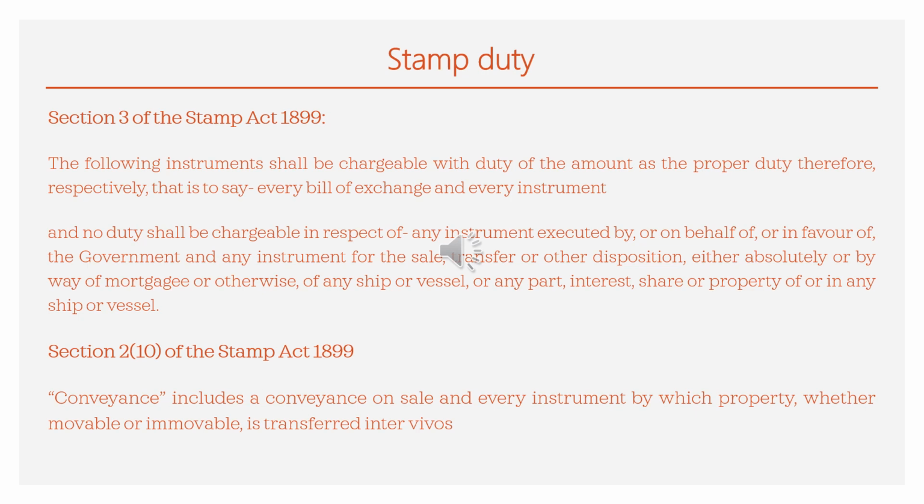Next, Section 2, subsection 10 of the Stamp Act 1899 defines conveyance: it includes a conveyance on sale and every instrument by which property, whether movable or immovable, is transferred inter vivos. That means every instrument can be included under conveyance.